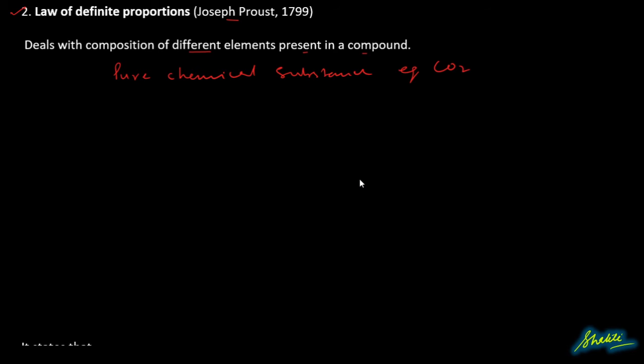For example, carbon dioxide is produced in a number of ways, like carbon plus oxygen when heated gives carbon dioxide. Another reaction, when calcium carbonate, limestone, when heated gives calcium oxide plus carbon dioxide.